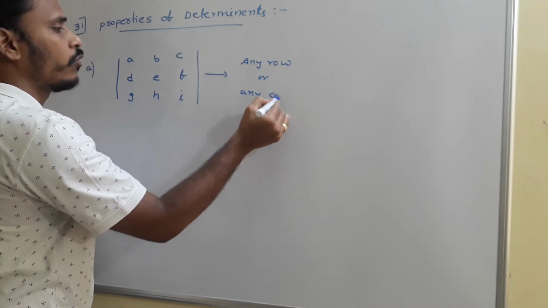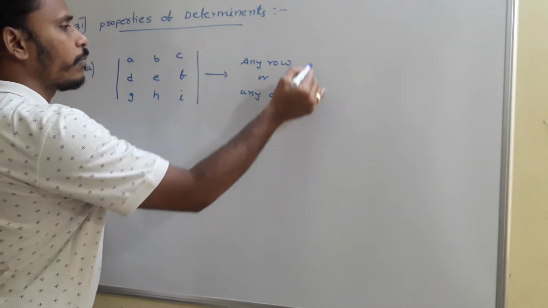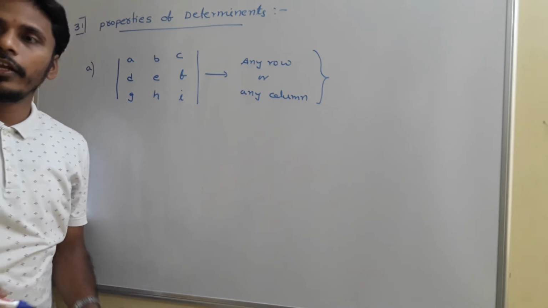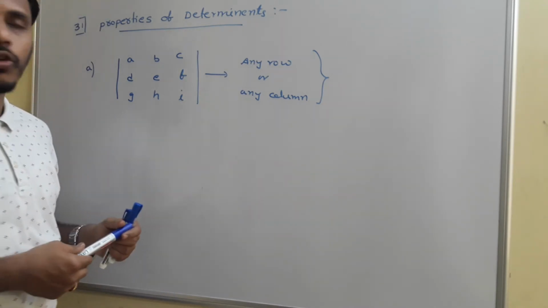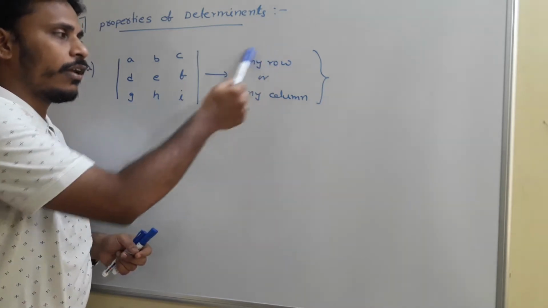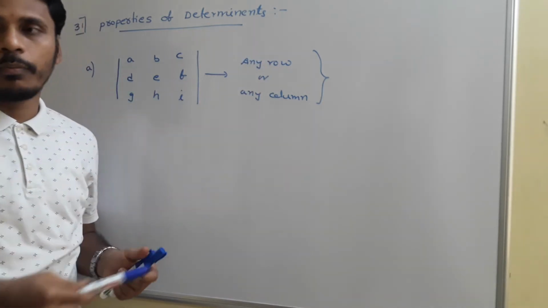The determinant is nothing but multiplying the elements of any row or any column with their corresponding cofactors. I am not mentioning the complete definition here, but I already mentioned it in the previous videos.